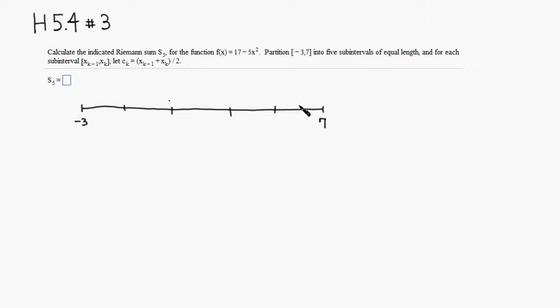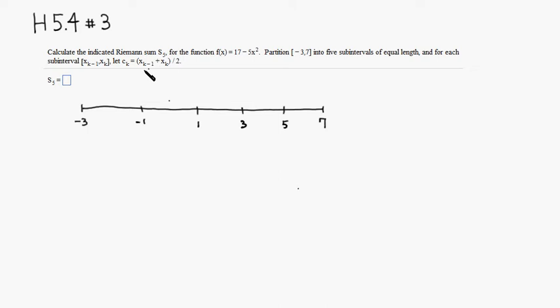Maybe it doesn't look very even, so I'm going to do it again. So maybe 1, 2, 3, 4. It's a little bit better. All right, so we know that the length is 2. So this is going to be -1, that's going to be 1 and 3 and 5.